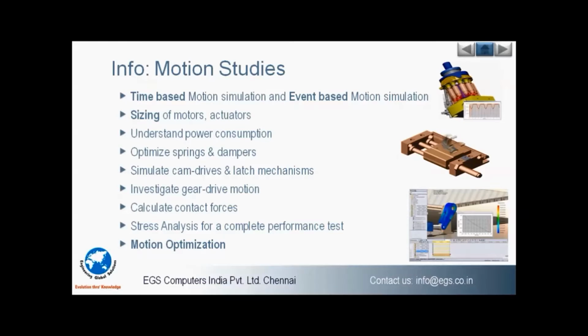All your advanced mates and mechanical mates will directly be linked to the motion studies using the links and joints. So you can directly calculate all your forces from the joints. This motion study can be done by either a time-based motion or an event-based motion by moving the time bar which is shown in the figure.